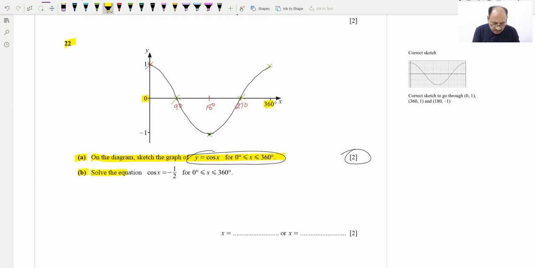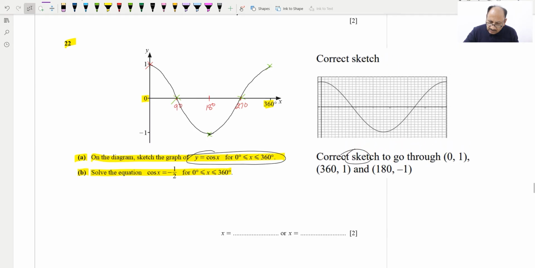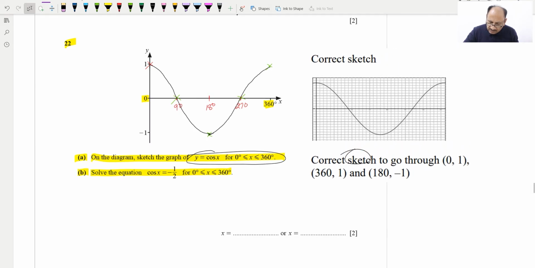B part, solve the equation. Now we need to solve this equation. Before solving, if I go through this sketch, this is the accurate sketch of the graph, and we can see this graph is exactly what we have drawn.